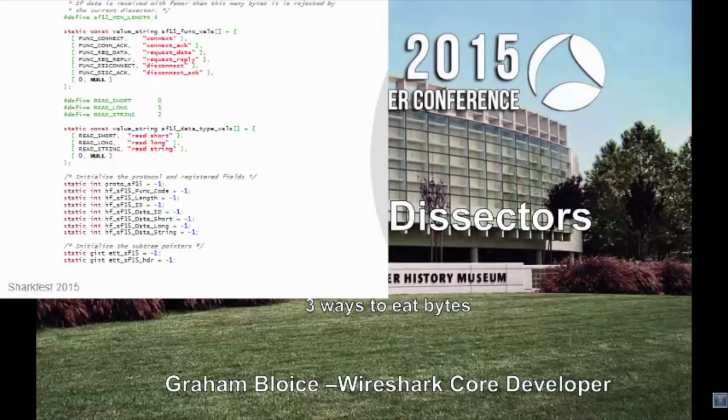Then we come on to some more values that you need to declare in a C-based dissector. These are values, the HF underscore ones are the header fields. These are the actual fields in your protocol. And you also need proto_SF15. That's going to be your handle to your protocol, which will be used when you register with TCP.